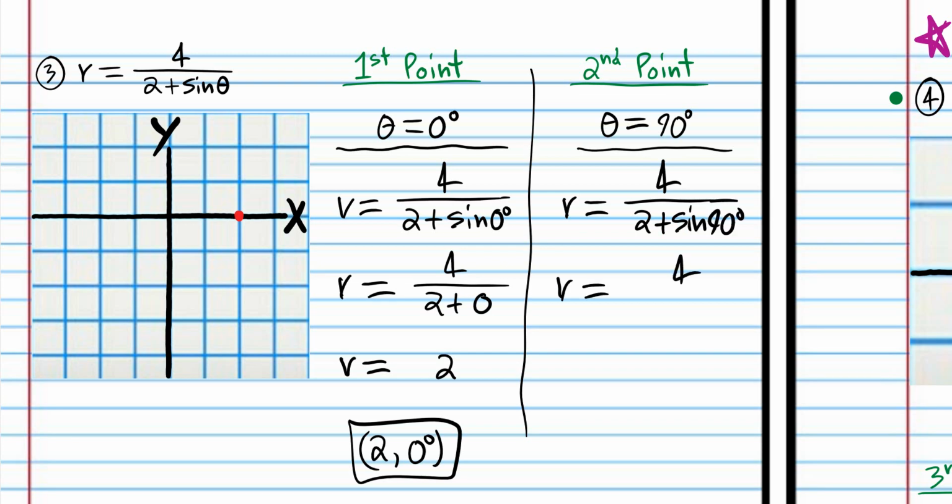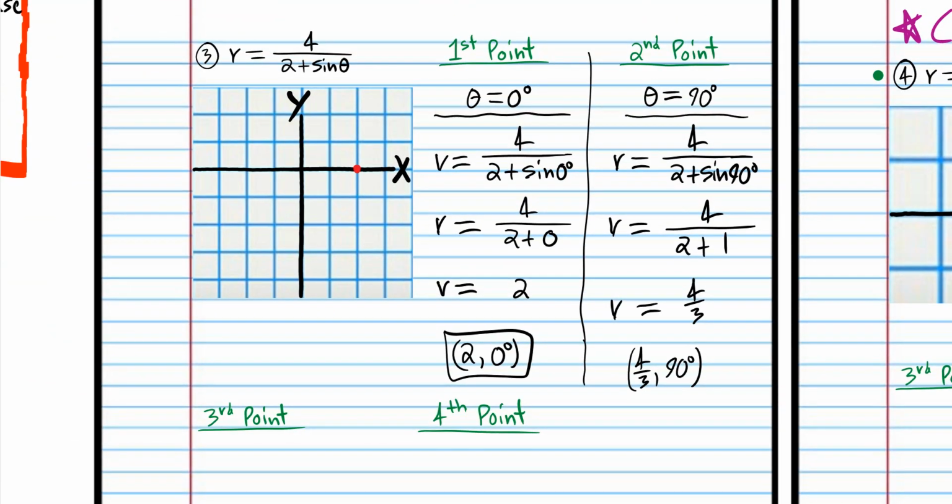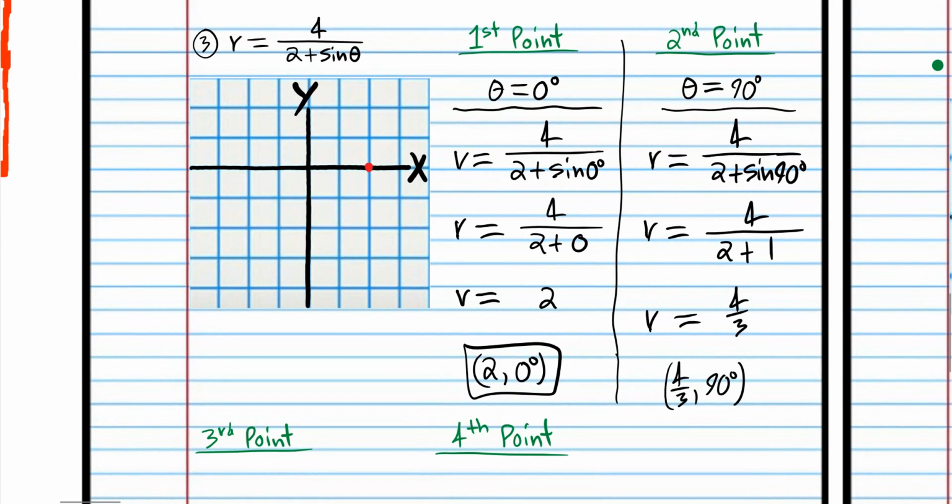If you go to your sine graph, you'll know that sine 90 is 1. So r is equal to 4/3. So the point that we're looking for is 4/3, comma, 90 degrees. So we're going to count out 4/3 to the right and then rotate 90 degrees. So that's going to get us to about there.